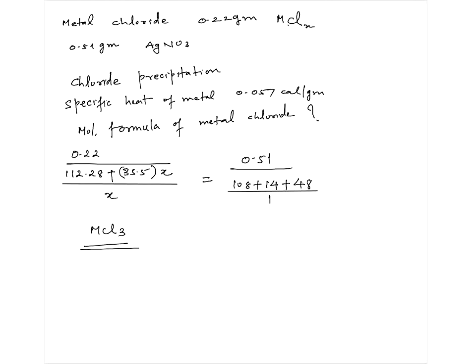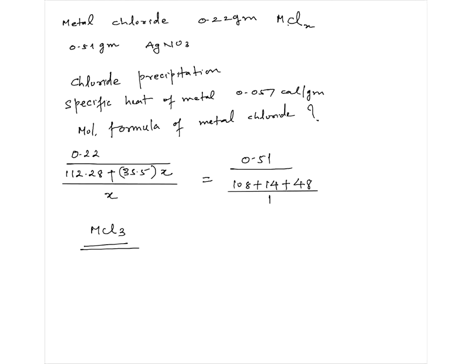0.22 grams of this metal chloride are reacting completely with 0.51 grams of silver nitrate. One way is that you write the balanced equation and use the mole concept. Other way is that you do not write the equation and make use of the equivalence concept. We are going to make use of the equivalence concept here.